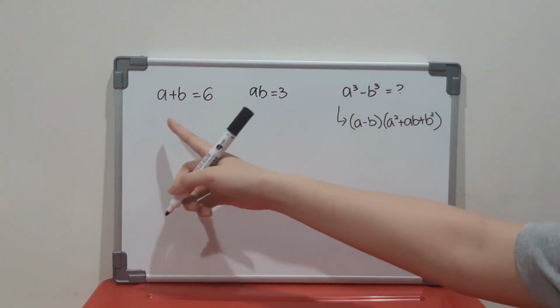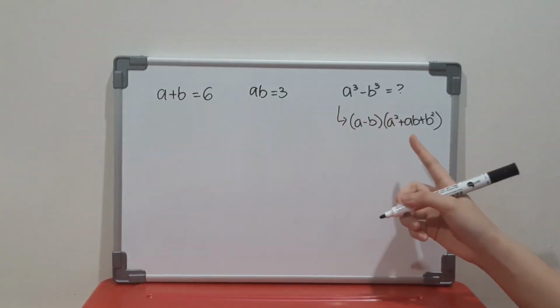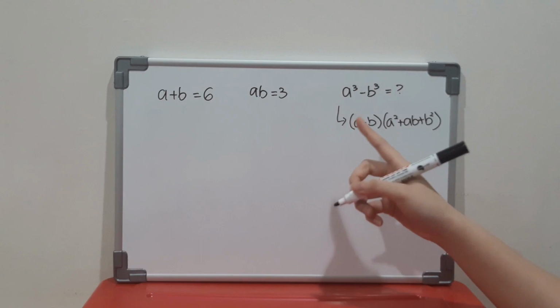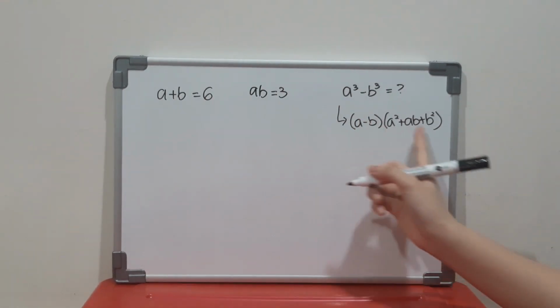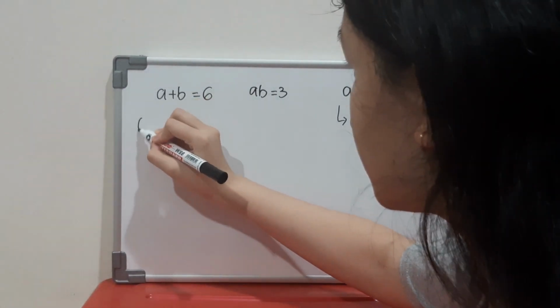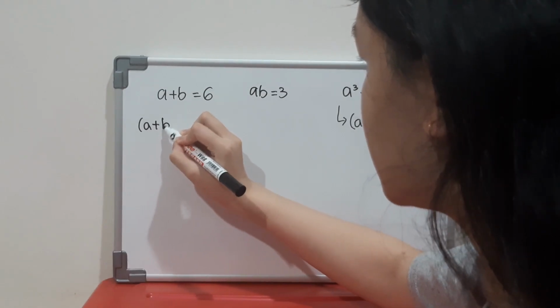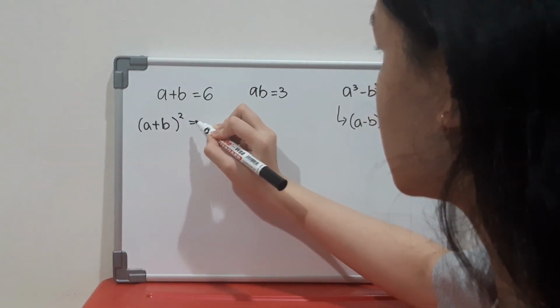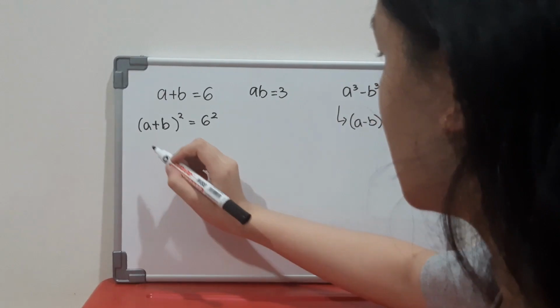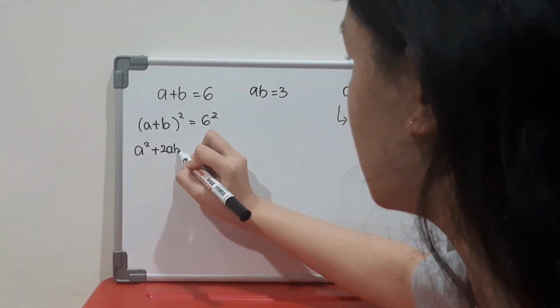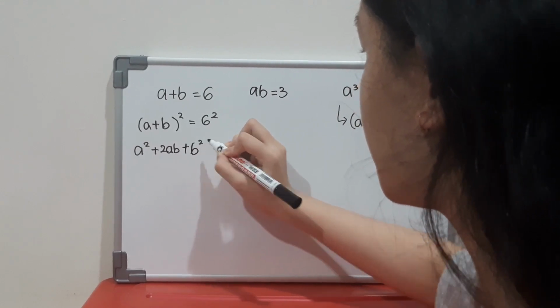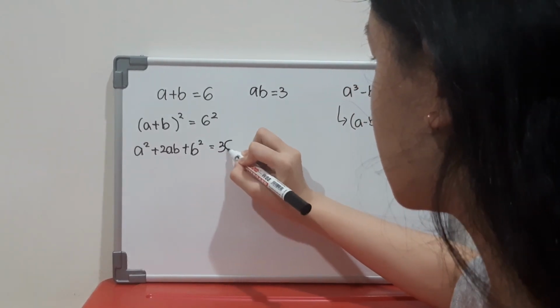We already have a plus b here, and we have a squared plus b squared here. So we can square this to match this format. Squaring this, we have a plus b squared equals to 6 squared. Expanding this, we have a squared plus 2ab plus b squared. 6 squared is 36.